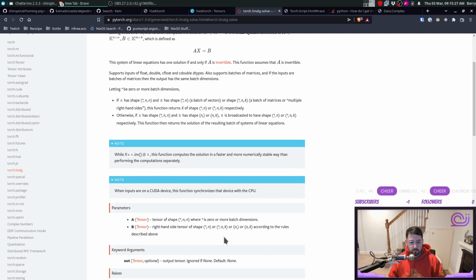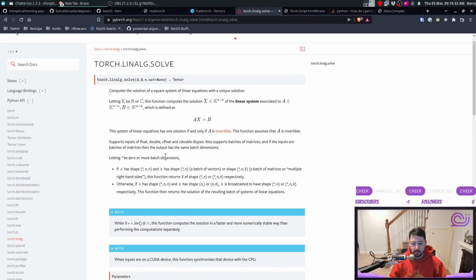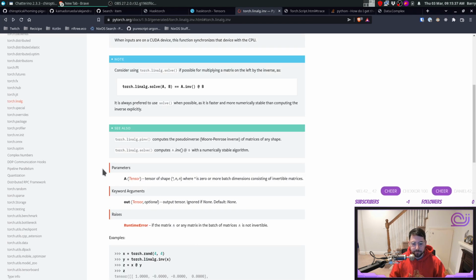Okay, so right-hand side. What is this at for? Consider using solve, if possible, for multiplying a matrix on the left by the inverse.